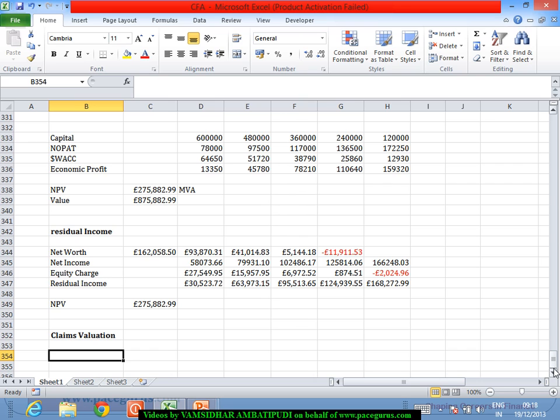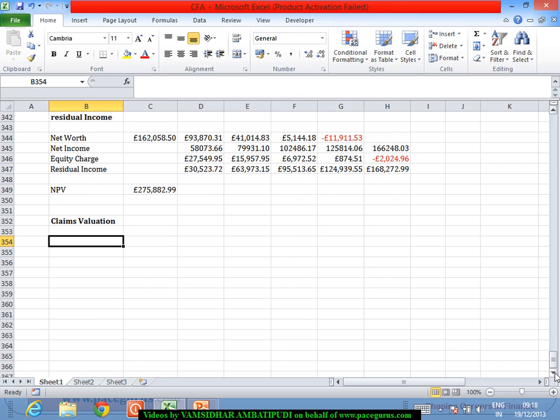The bond investors as well as equity investors, their cash flows I will separate, and based on that find the present value to the bonds as well as the present value to the equity investment.